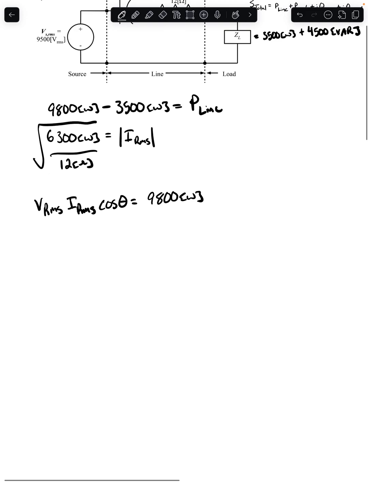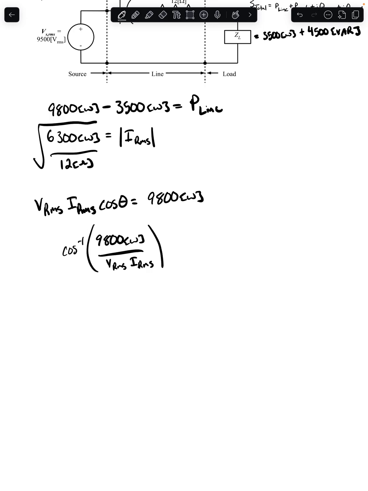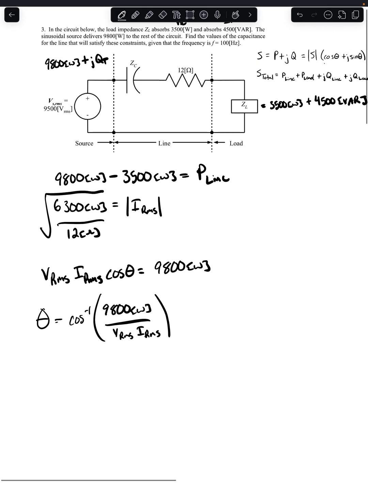And so if we divide both sides, we get 9,800 watts over V RMS I RMS, and then take the arc cosine to get theta all by itself.